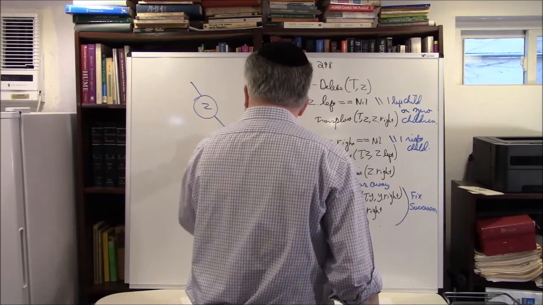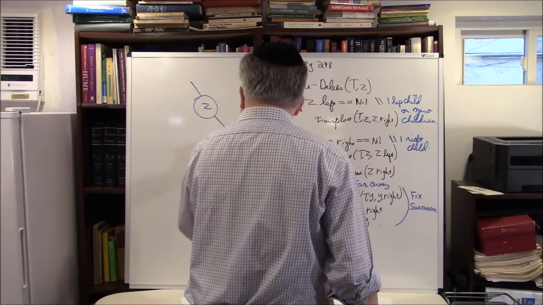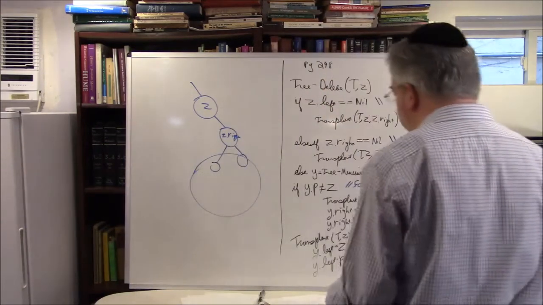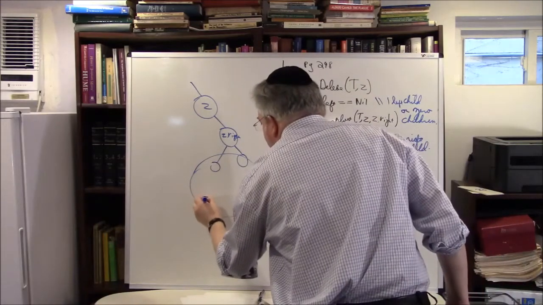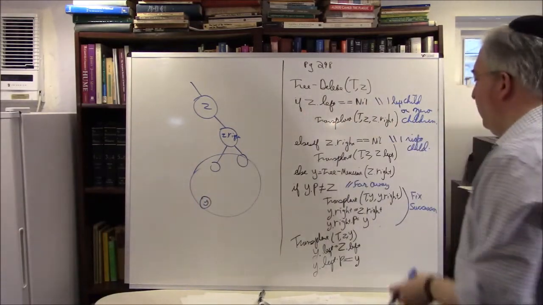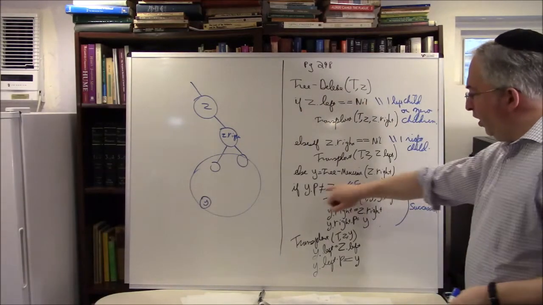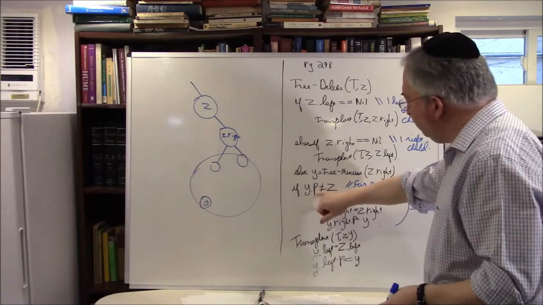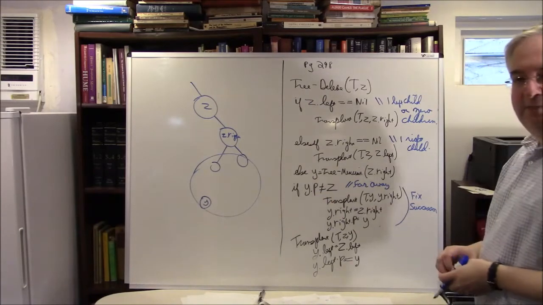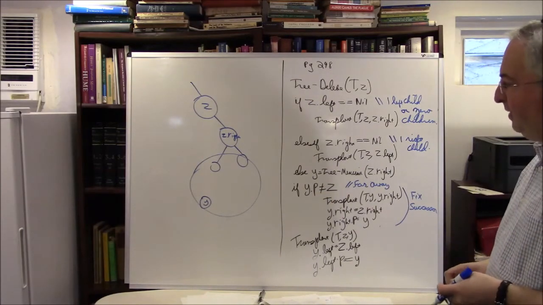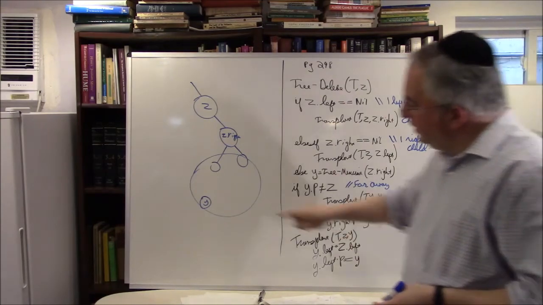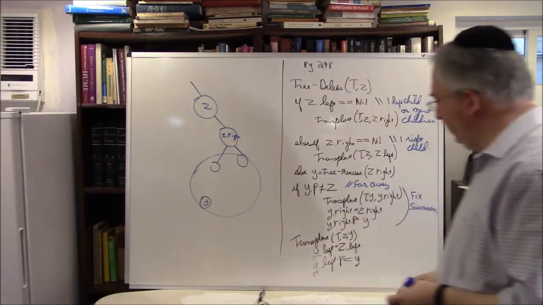And there's a whole tree over here. I'm not getting into it, but one of those guys is y. And look what we do. If y.p is not z, what does that mean? Well, that means his parent is far away.